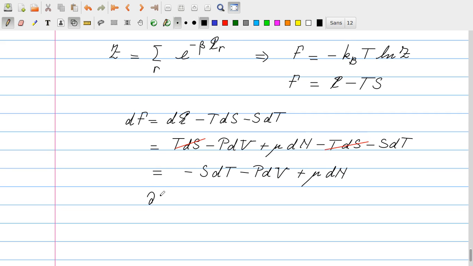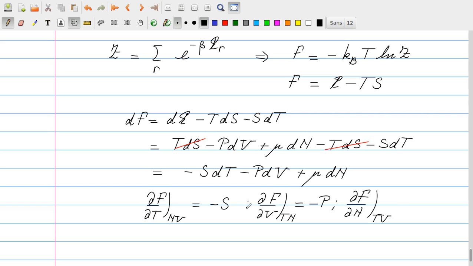And so we see that dF/dT at constant N and V is minus S, dF/dV at constant T and N is minus P, and dF/dN at constant T and V, that's the chemical potential mu.